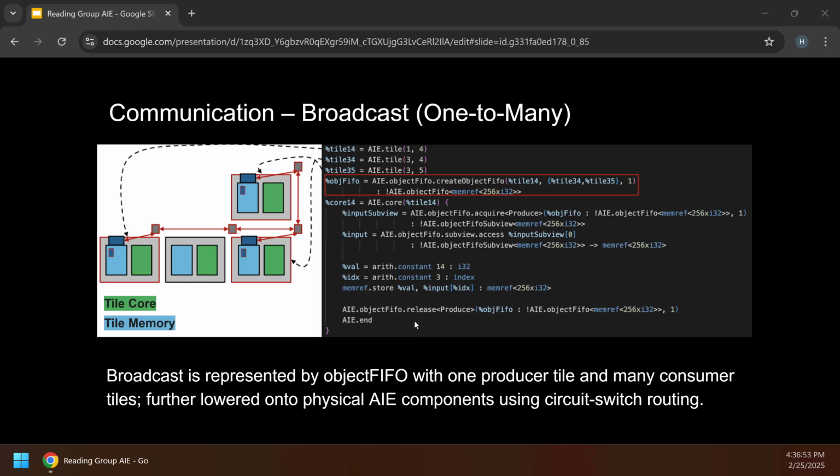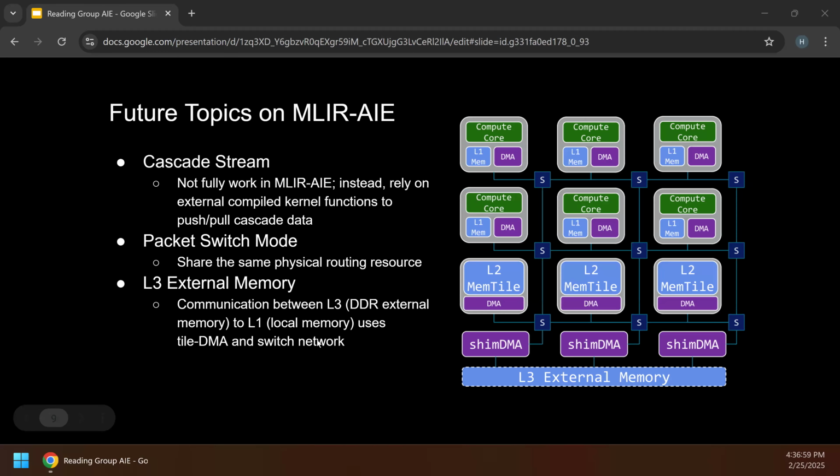Yeah, there will be some future topics here. The first one would be the cascade streaming, which is another specialized data transfer strategy between horizontally adjacent tiles.